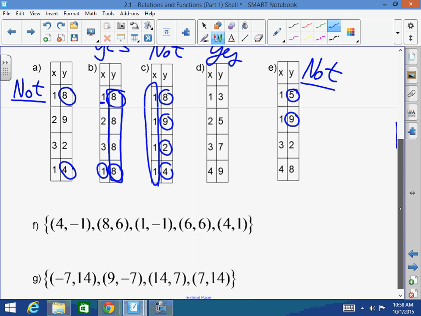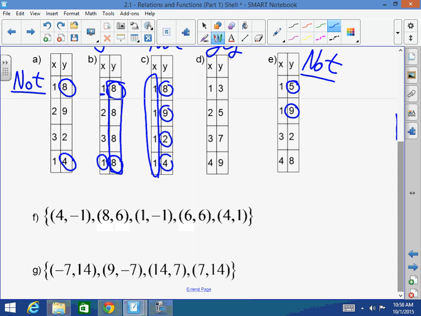How about F? Why is it not a function, my brother? Beautiful, because I have (4,-1) and (4,1). I cannot have different y's for the same x value. And what about G? That is a function, because every x value gives you one particular y value.